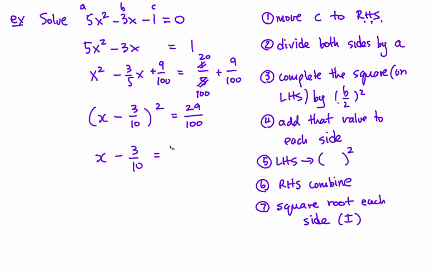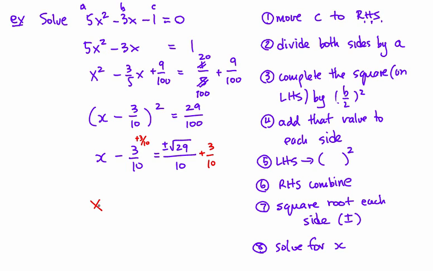And now I take the square root of this side, so you get plus or minus, and the square root of 29 is the square root of 29. It doesn't simplify, but the square root of 100 is 10. And now I solve for x, and that means I add 3/10 to this side, and I add 3/10 to this side.